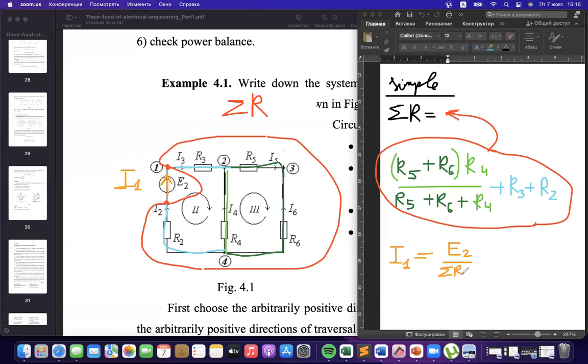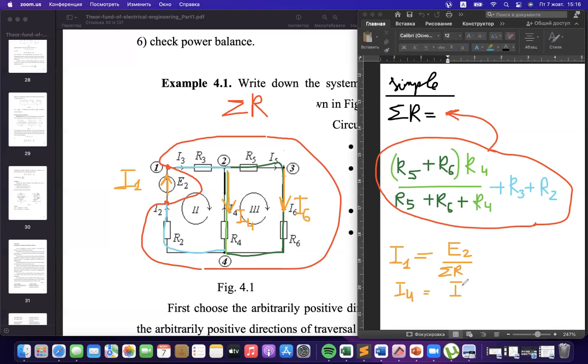After that, we could find the other currents just in proportion: which part of the current will flow through R5 and R6, and which part of the current will flow through resistivity number 4. The current, as it is shown here, but I will change the direction, it will be more obvious. Let the currents be I4 and I6.